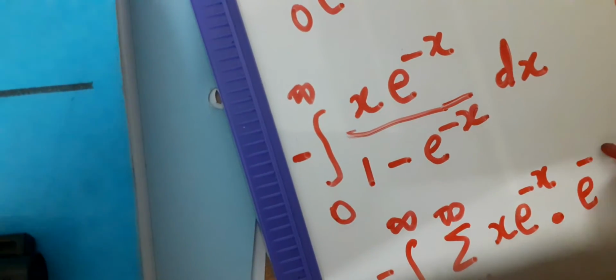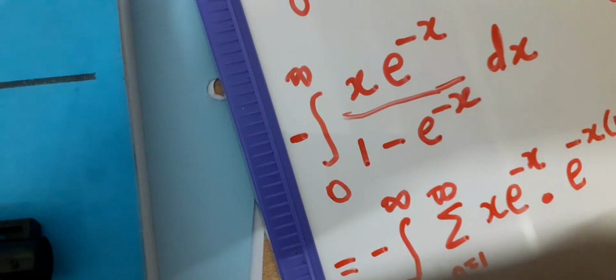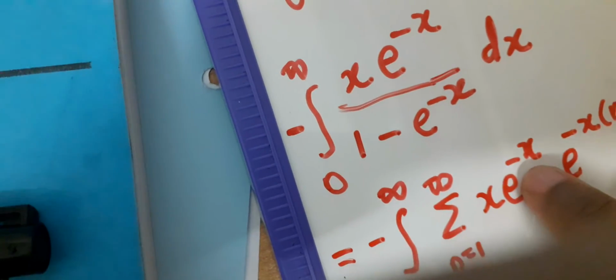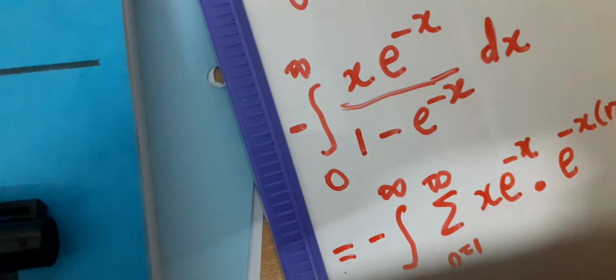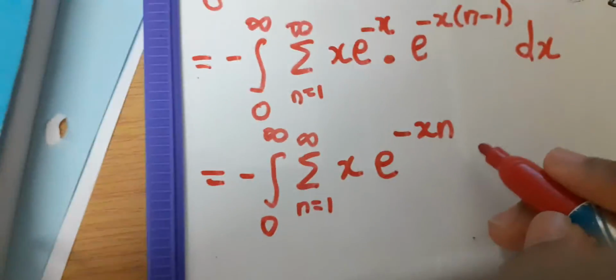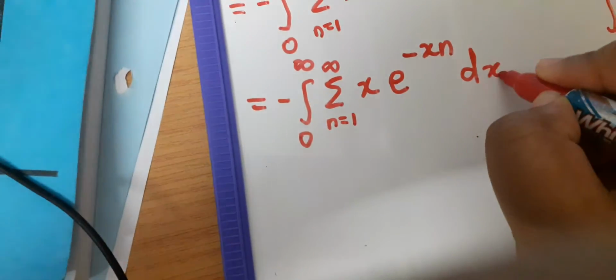integration of this to infinity, n equals 1. a is x e to the minus x times r is e to the minus x, and this is to the n minus 1 dx. This will then equal minus the integral from 0 to infinity, sum from n equals 1 to infinity of x, and then we're going to have this minus x, and then a plus x, so we're going to have just e to the minus x n dx.